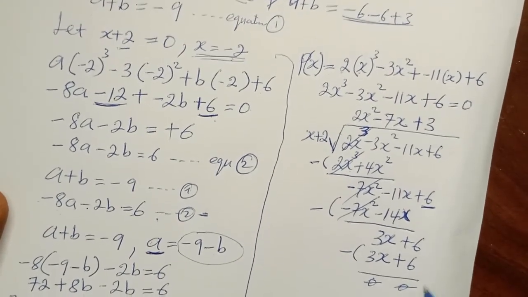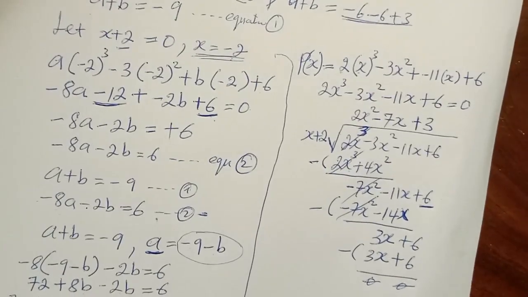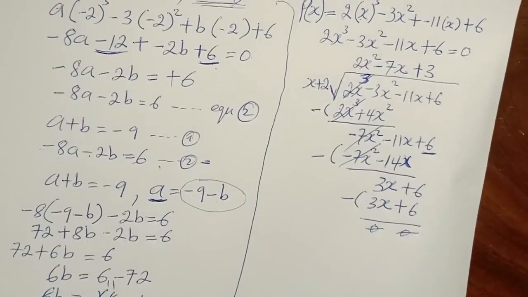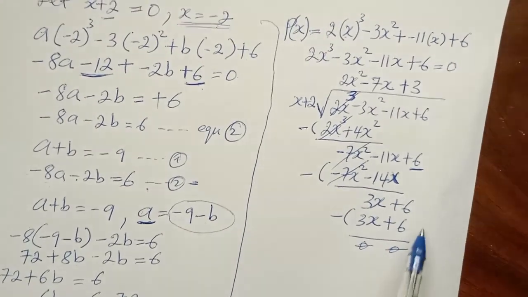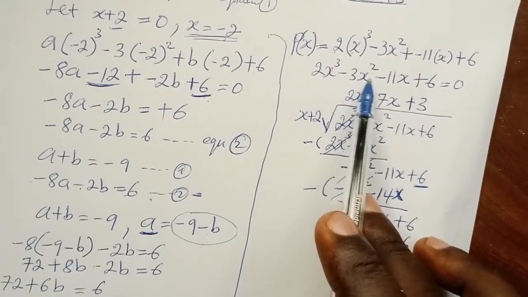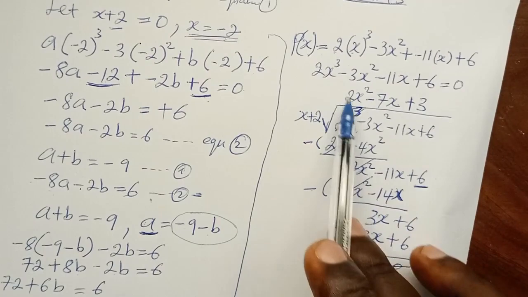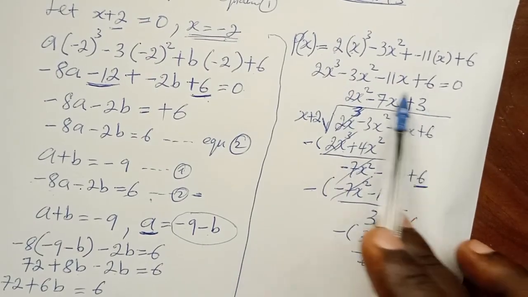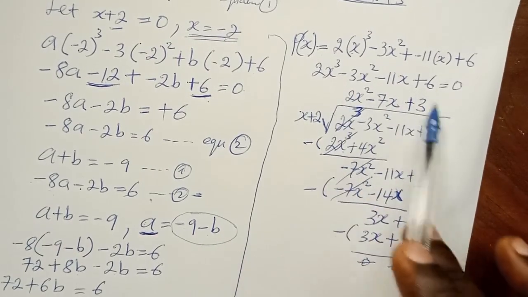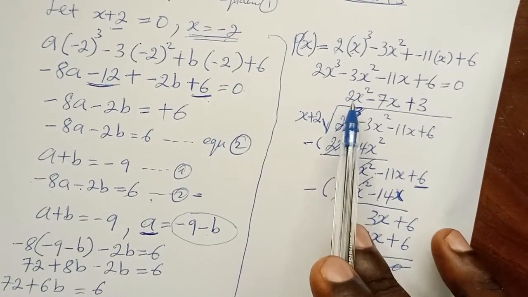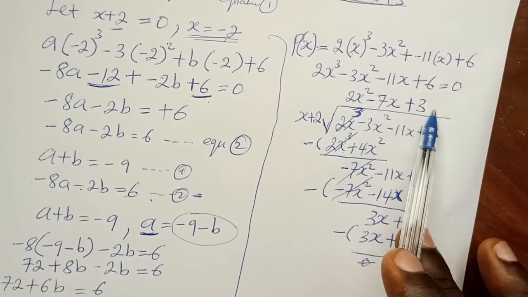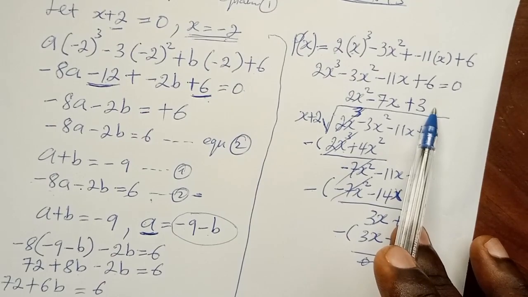So everything is done. Once everything has come down to 0 and we have nothing left, of course this is now our major expression. So we need to look for the value of x using this expression. The expression now is 2x squared minus 7x plus 3 equal to 0.